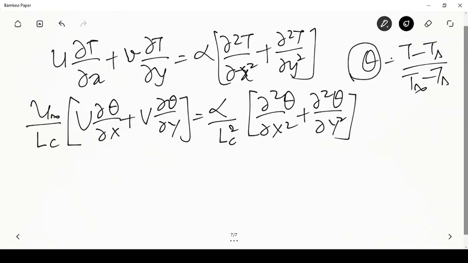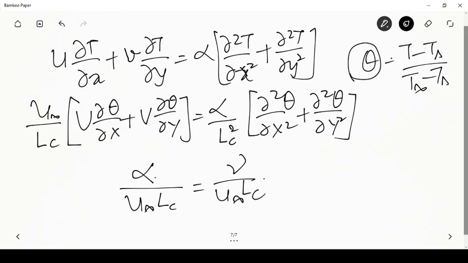Now this u infinity by LC, you bring it to this side, then it becomes alpha divided by u infinity LC. Okay, so if I write this as nu by u infinity LC multiplied by alpha by nu, this is the thing that you get.